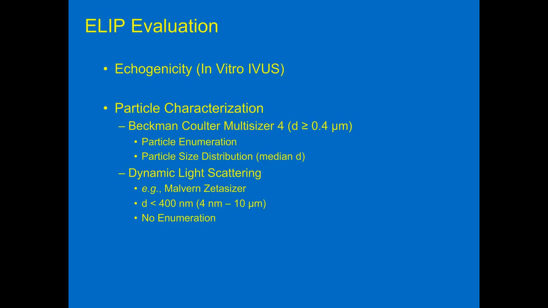However, what you do get is the fraction of the total distribution, like in a number distribution, for each peak, which is very important again, and I'll show you how we use that. The actual range of the Zetasizer is about 4 nanometers to 10 microns. This is also important because there's an overlap in the range between the Multisizer and the Zetasizer, and I'll show you how we use that as well.